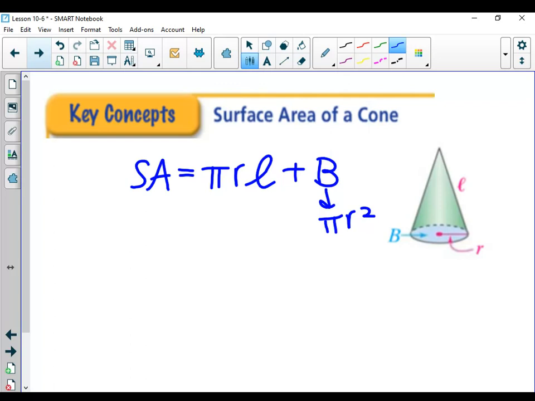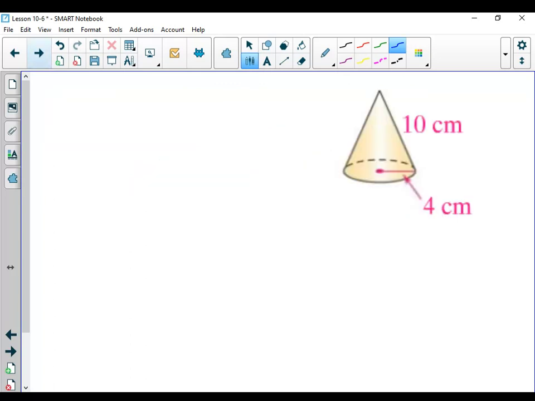Ready for cone 1? To find the base of a circle, how do you do that? Pi r squared. So now that we learned slant height, there's nothing new about this formula. It's just getting it in the right spot.